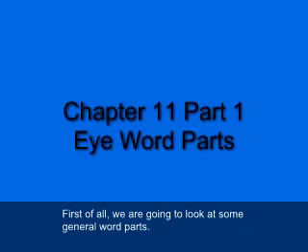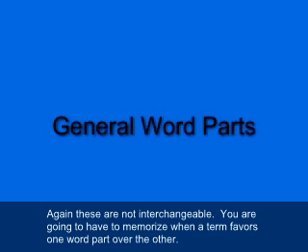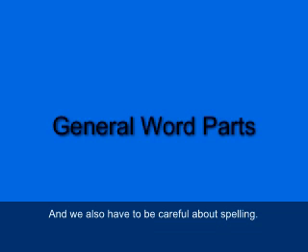First of all, we're going to look at just some general word parts. We have three word parts that refer to the eye. And again, these aren't interchangeable. You're going to have to memorize when a term favors one word part over the other. And we also have to be careful about spelling.